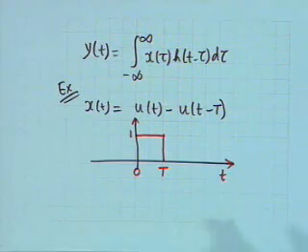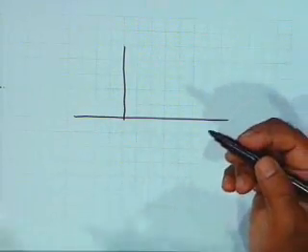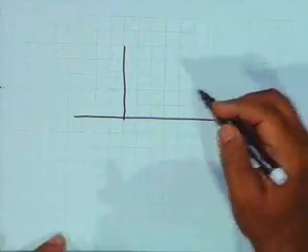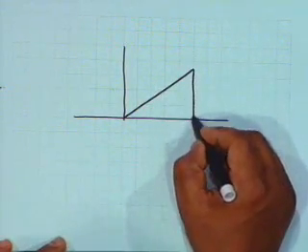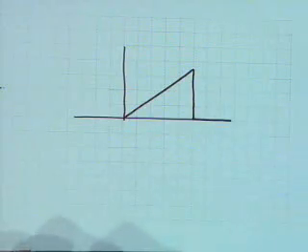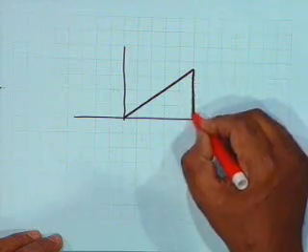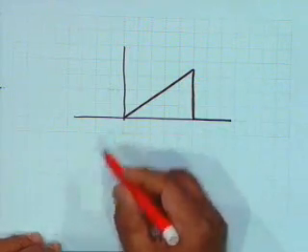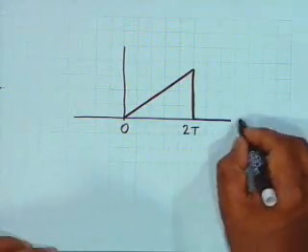Let's consider the impulse response h of t to be a ramp, that is a linearly rising waveform between, let's say, 0 and 2T.